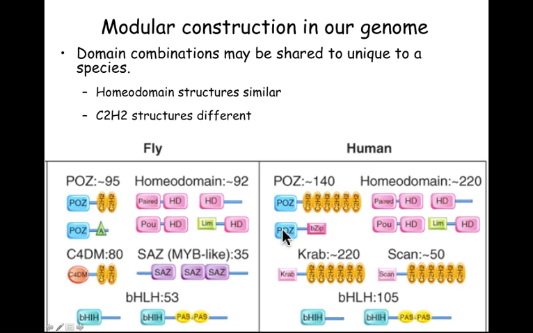And similarly, humans have domain structures that aren't found in flies. So for instance, this pause domain with a B-zip domain. And again, these are still all transcription factors, but this is a domain structure or a domain architecture that doesn't occur in flies. So some can be common, like this pause with C2H2, to both flies and humans have those types of proteins, but then other ones are more distinct.